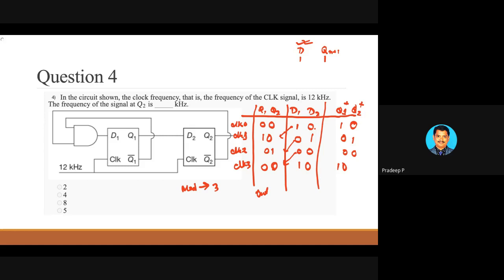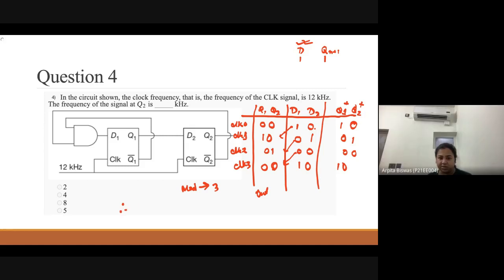Hence, after 3 clock pulses the output repeats. So it is a mod 3 counter, right?